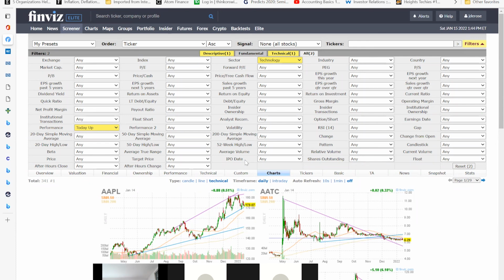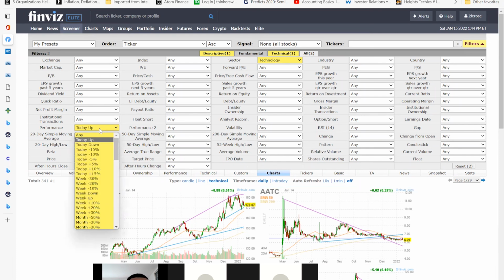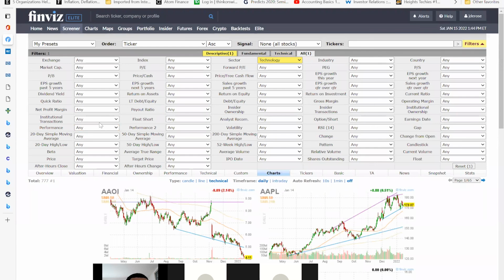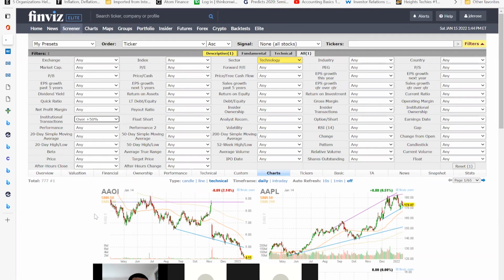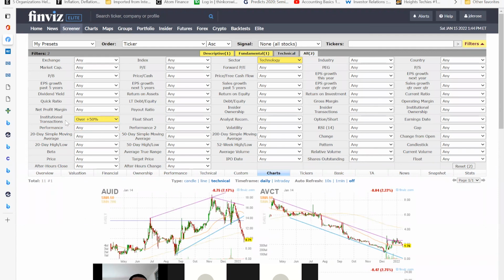So sometimes I'm doing that, right? I want to see what companies institutions are buying up, and I think that's a fair question. So I might come here and just say, hey, what companies have institutional transactions up over 50%.